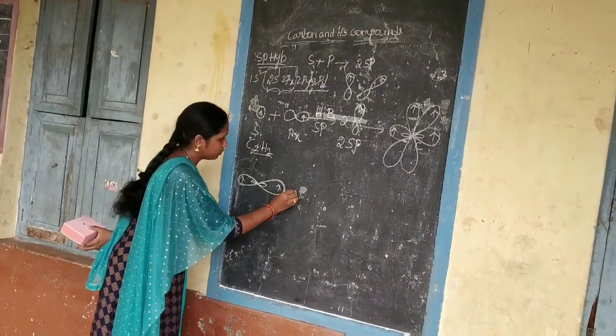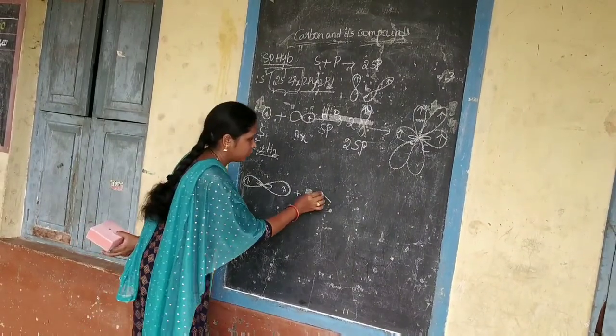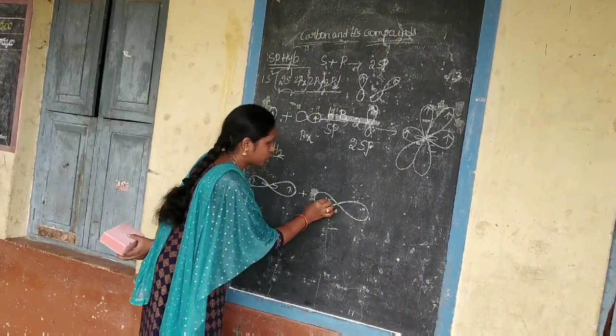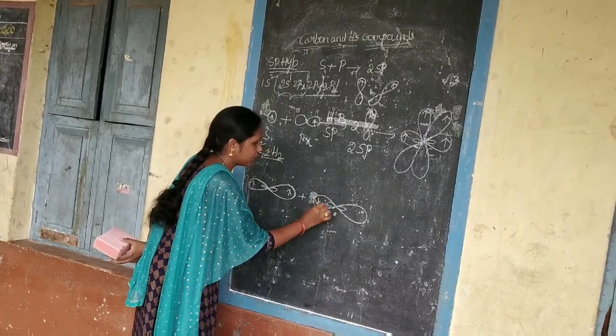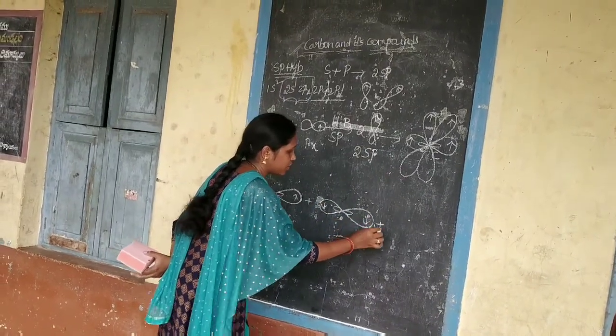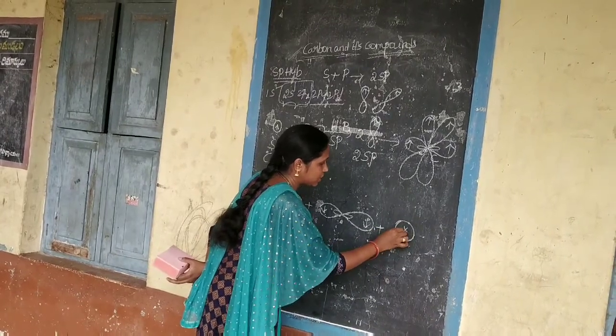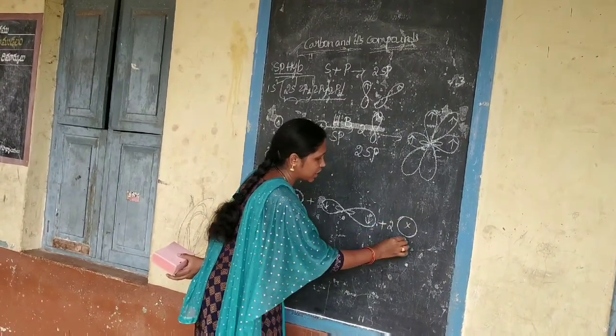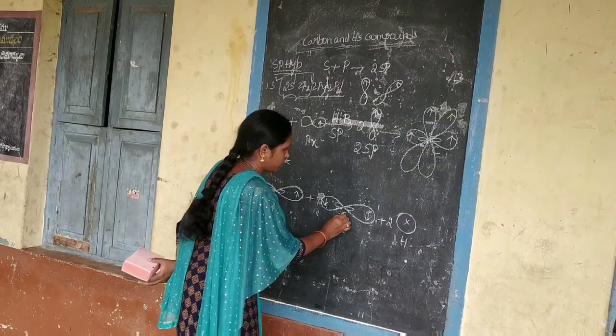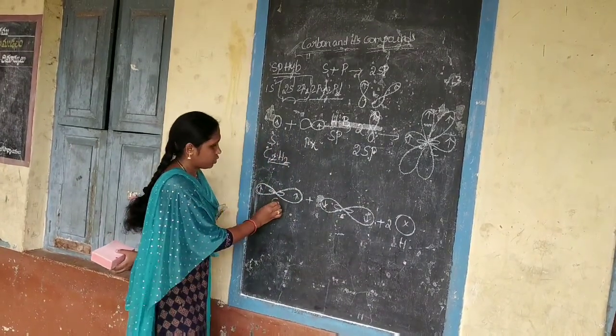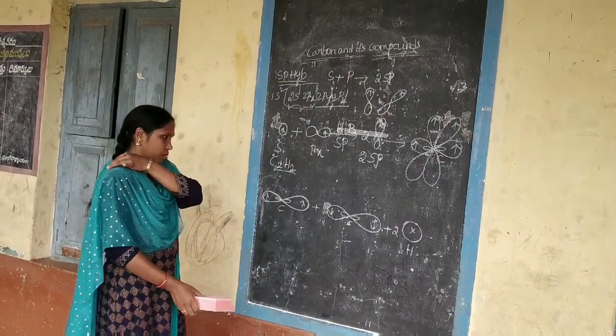This is one carbon atom and this is another carbon atom, with single electrons of opposite spin, and two hydrogens are there. Each hydrogen has an s orbital with a single electron. Two spherical shapes are there.